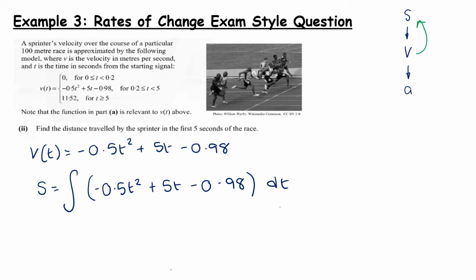example 2. However, because we've been given what this is valid between, we can actually use definite integrals here. So between 0.2 and 5. So instead of doing a plus c and then subbing in, and we can sub in when t is 5, the velocity is 11.52, you can of course do that to find c.